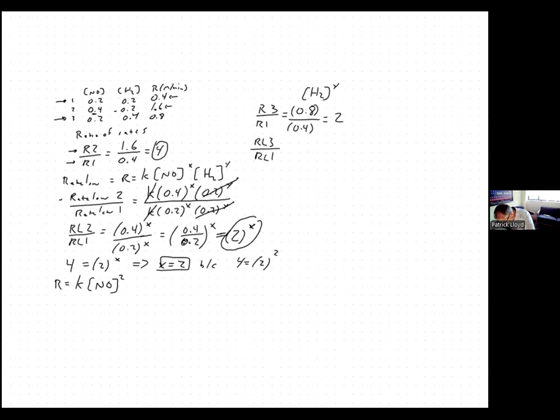would be k. Remember, for a rate law, you put a k in there. It's going to cancel, but that's okay. Then 0.2. Now, we actually know this number is squared, right? We already figured out the value of x earlier, so we can just put that in there. And then it's 0.4 for the hydrogen. Again, we don't know that exponent yet.